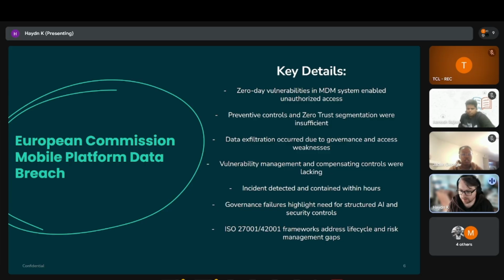Attackers can exploit improper input validation in the backend logic and manipulate HTTP parameters such as ST or H to inject and execute malicious code on the system. Using preventative controls and zero trust segmentation, we found that those were insignificant.